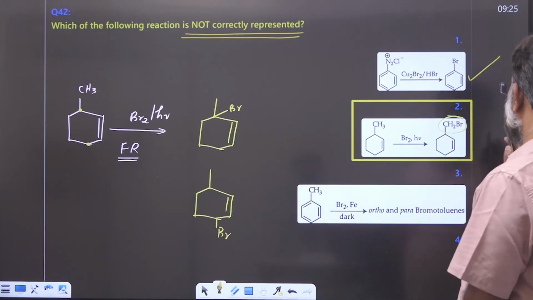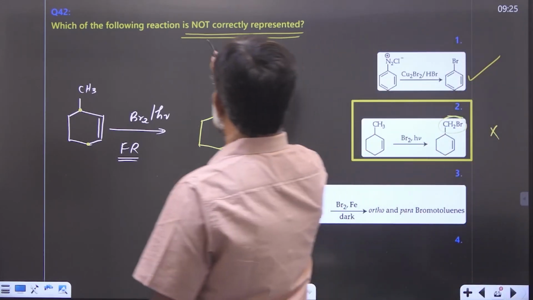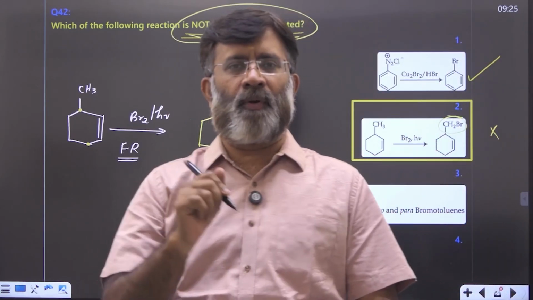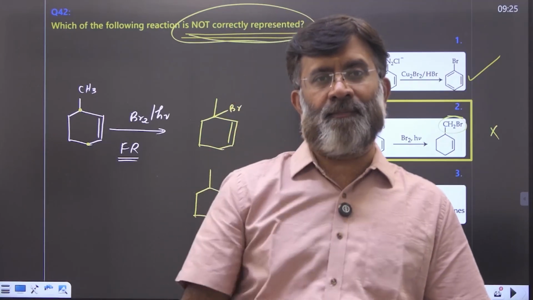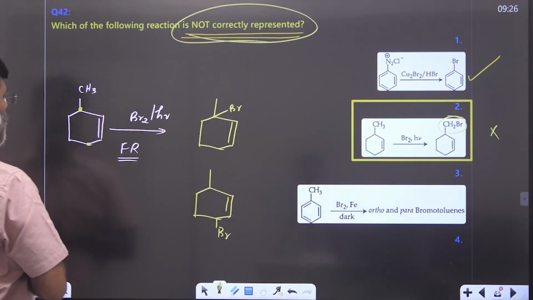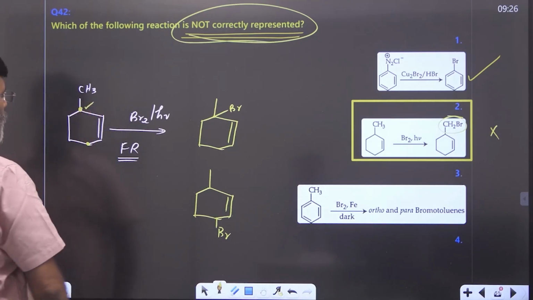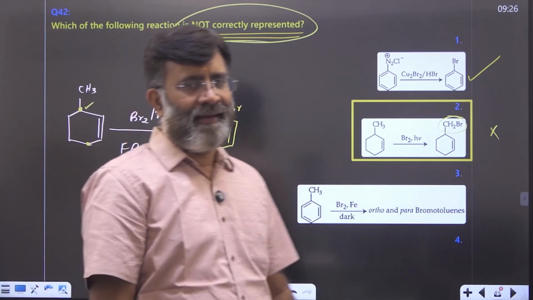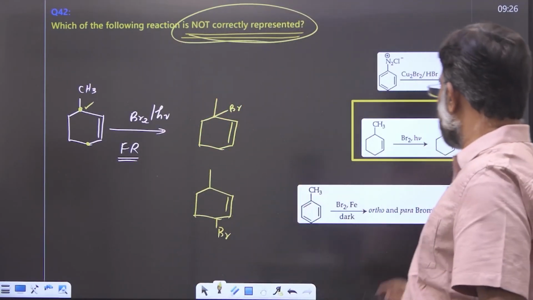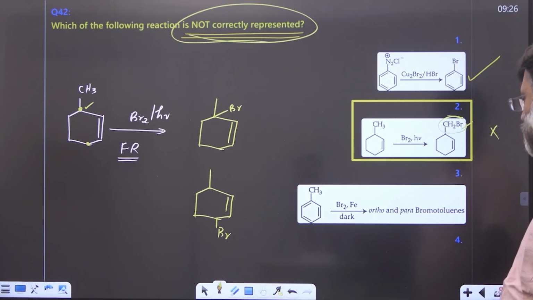So the second reaction is wrong, and that is our answer. The question asks for the reaction not correctly represented. In the second reaction, the product should be allyl, and this is a tertiary allyl where the dominant attack will be, and this is only secondary allyl. So there will be dominant attack there, and that should be the product, whereas the given product has bromine coming over here. What about the third one?